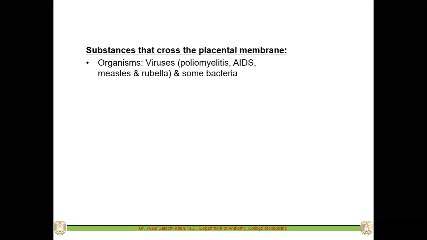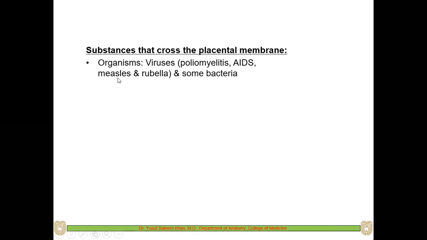All these viruses can pass through the placental membrane, as well as even some of the bacteria. Usually it will be the viruses, and very few bacteria can cross the placental barrier. So if the mother has an infection of poliomyelitis, AIDS, measles, or rubella, you should be extra careful, because these viruses can pass the placental barrier.